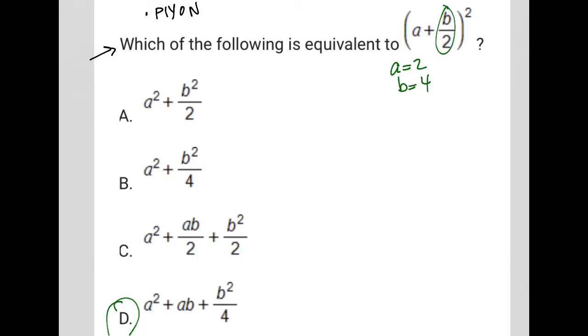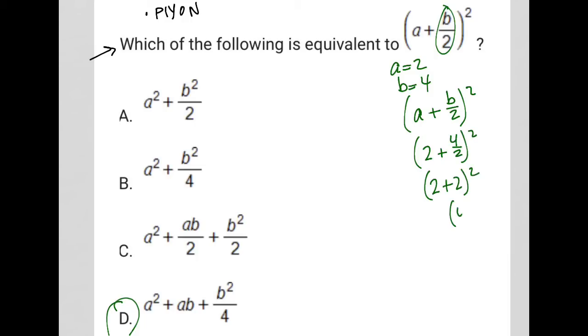So if a is 2 and b is 4, that means my (a + b over 2) squared becomes (2 + 4 over 2) squared, which of course becomes (2 + 2) squared, and of course 4 squared, which is equal to 16. So I know that I'm looking for an answer here that equals 16 when a equals 2 and b equals 4. So now I go to my answer choices, and I just plug those same numbers in.